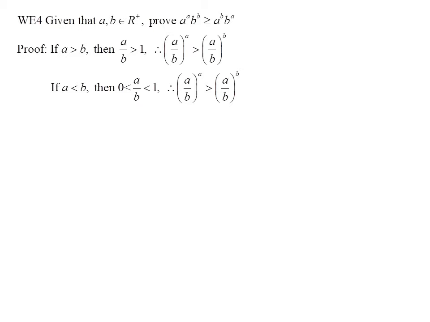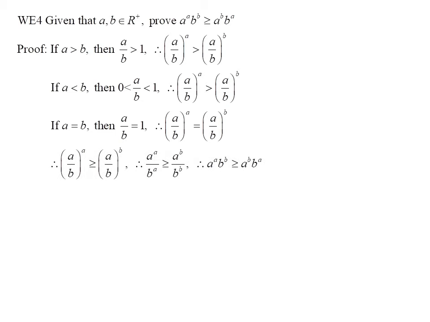Hence, (a over b) to the a is less than (a over b) to the b. In case a is equal to b, then a over b equals 1. Hence, (a over b) to the a is equal to (a over b) to the b.